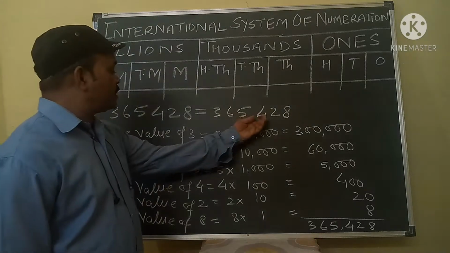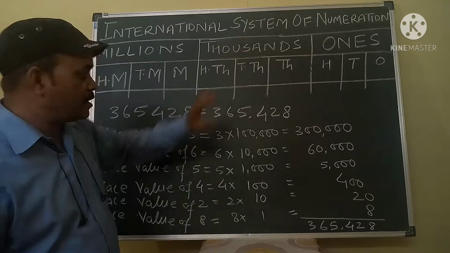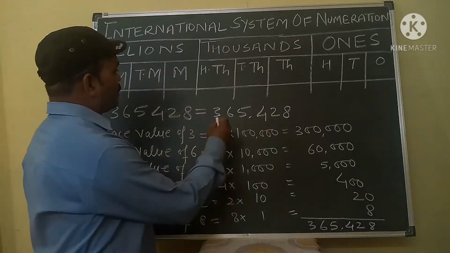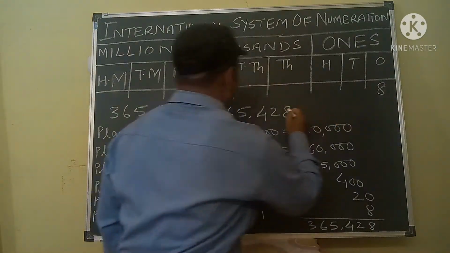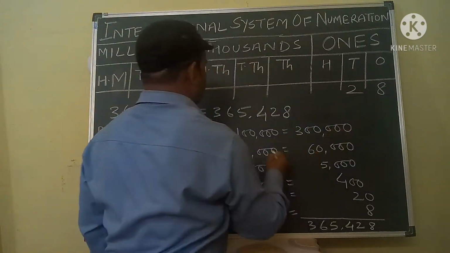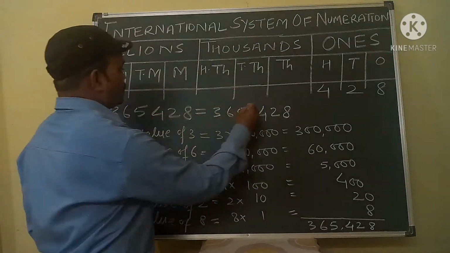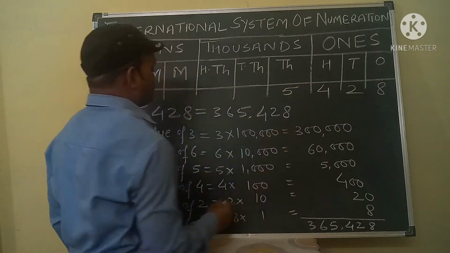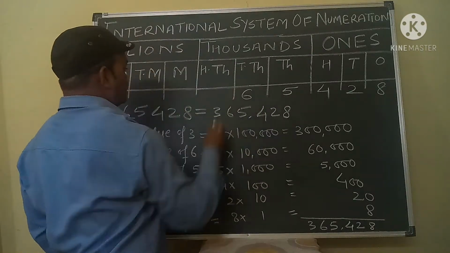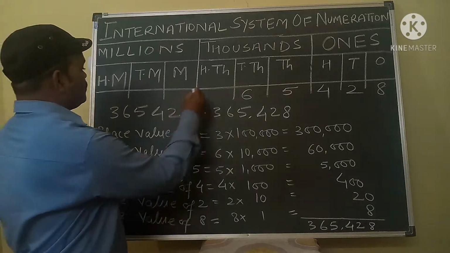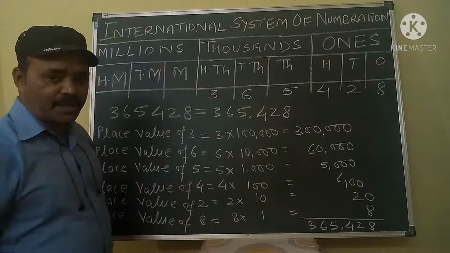We will arrange this number in this table. How? Look here. 8 is in the ones place, 2 is in the tens place, 4 is in the hundreds place, 5 is in the thousands place, 6 is in the 10,000 place, and 3 is in the 100,000 place.